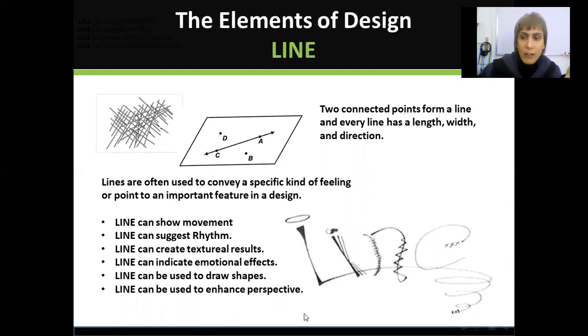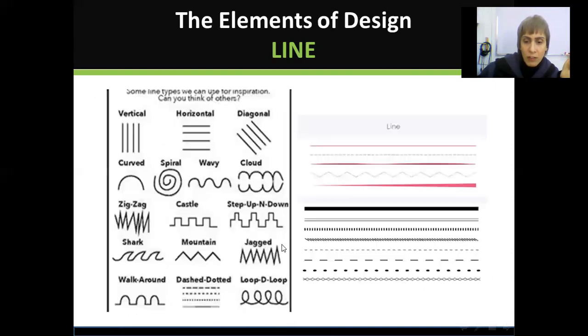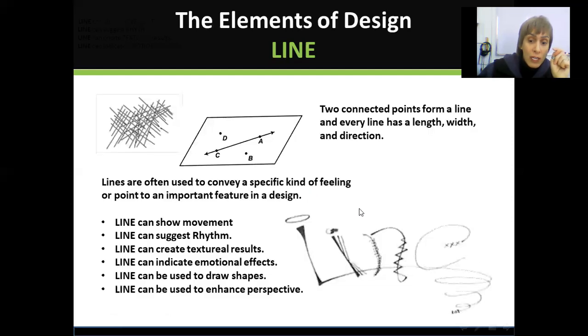Line can be used to enhance perspective. Now, we see in these lines, as I said here, especially these lines that start thick and go to thin, okay? I can use this effect to enhance perspective. So if I draw, for example, something in perspective, you already know what is perspective. 2-point perspective, 1-point perspective.